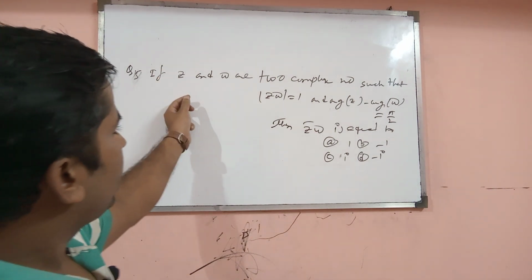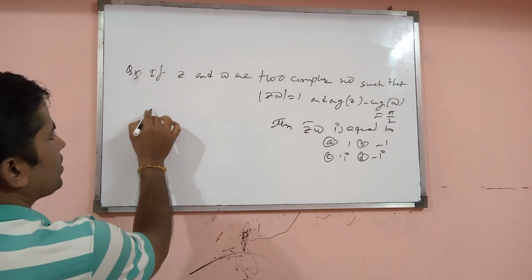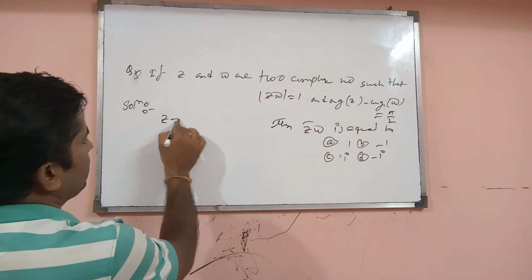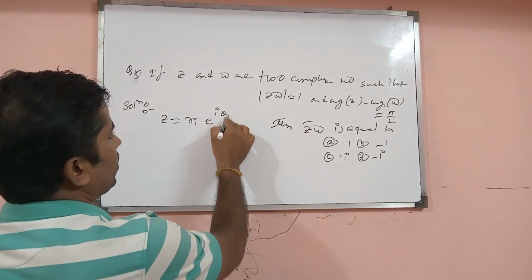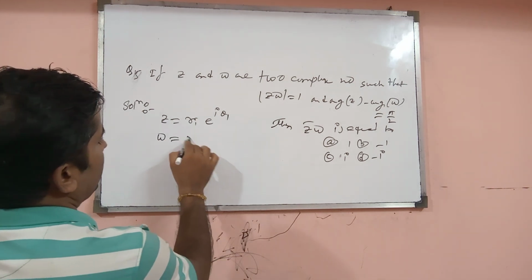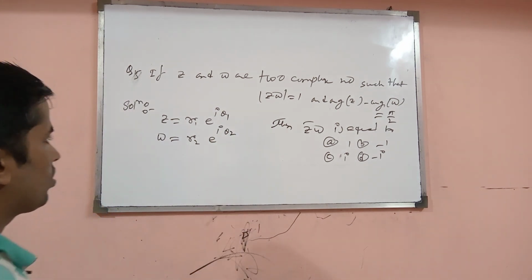It is obvious that Z and W are two complex numbers. Okay, so we may consider Z as, let's say, Z is equal to R1 e to the power i theta 1 and W as R2 e to the power i theta 2.